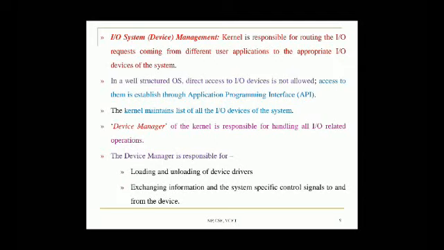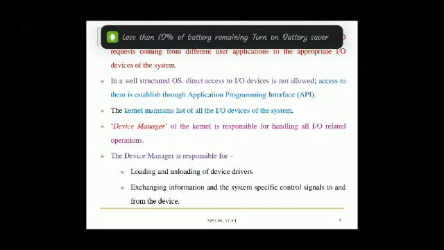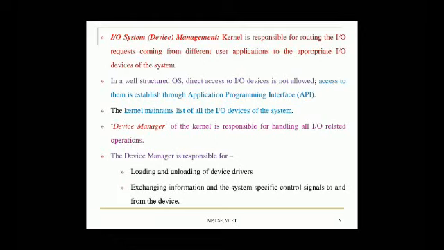Any access by the user application happens through an application programming interface, which is one of the protocols to access an input output device. By using an API protocol, a good operating system can offer access to input output devices. It is easy for the device manager to keep track of all that and be responsible for handling the input output related operations.